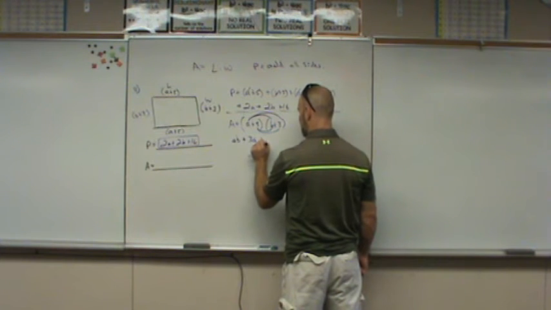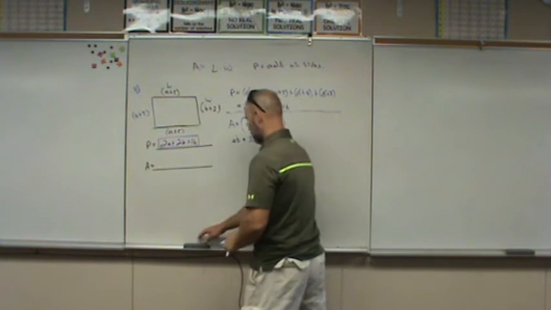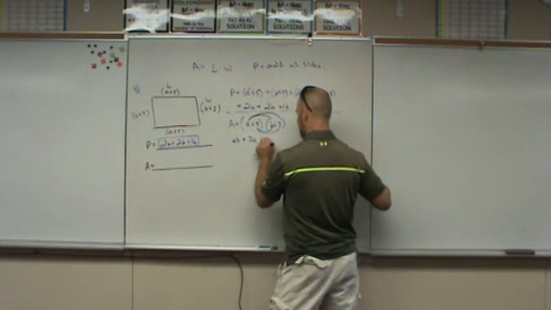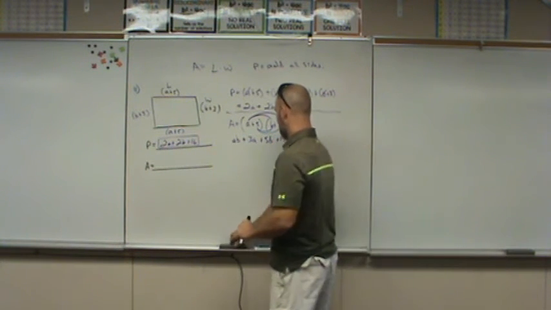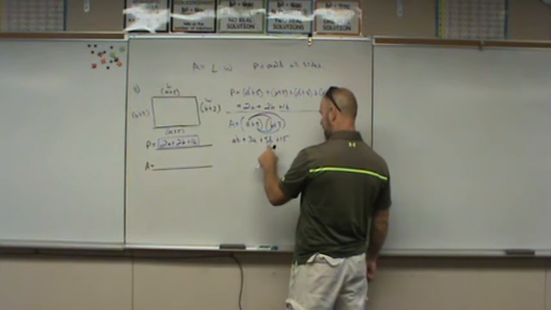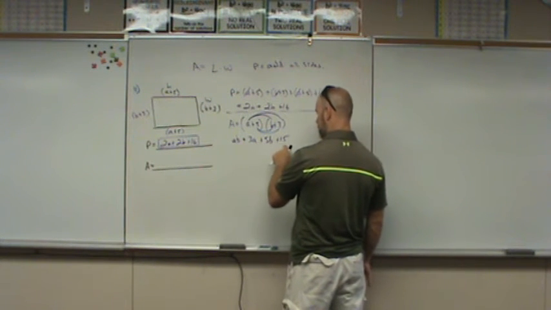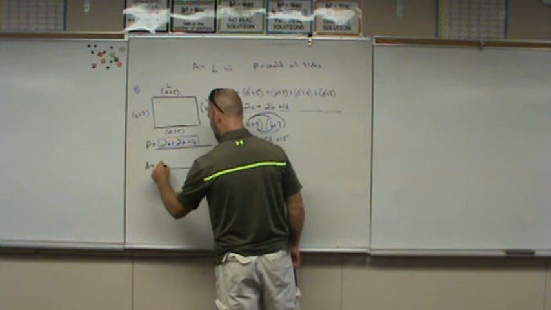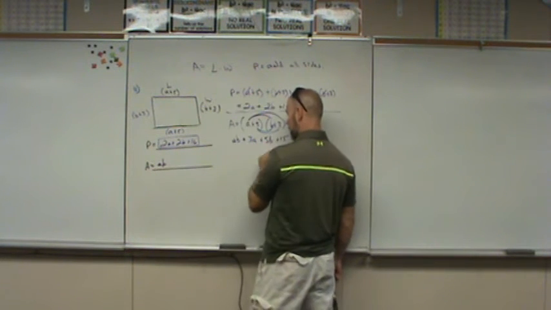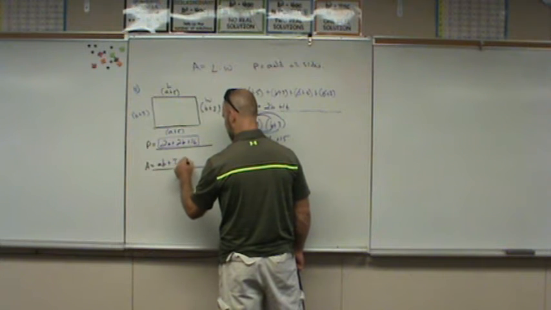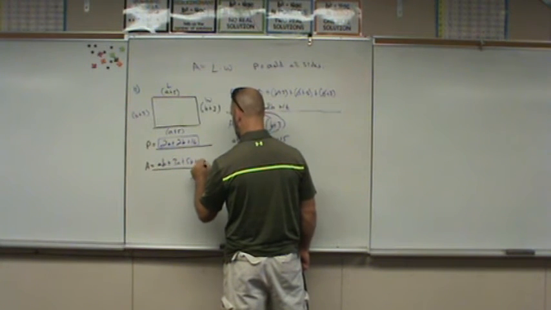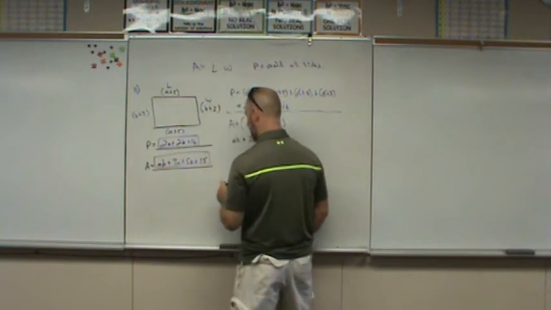So 5 times b is plus 5b. And then 5 times 3 is plus 15. Can I combine anything? Do I have any like terms? This is one of the rare cases where no, you do not. This is one of the 5 percenters. There is my answer right there.